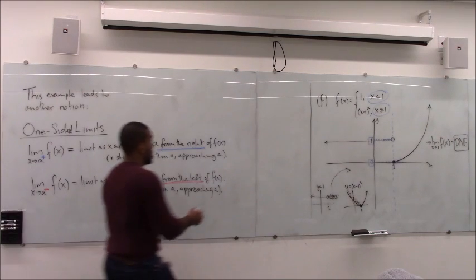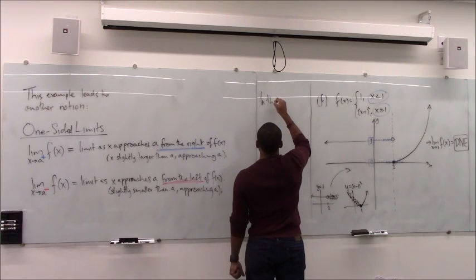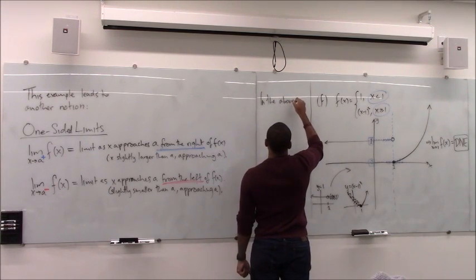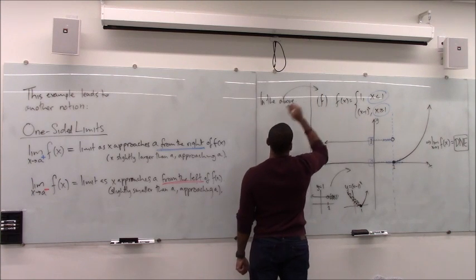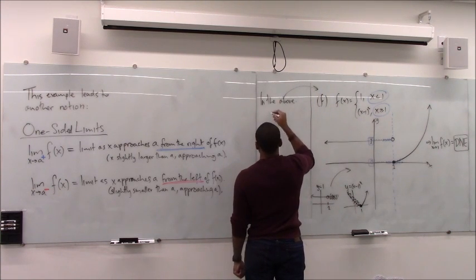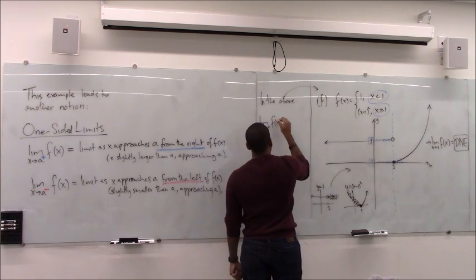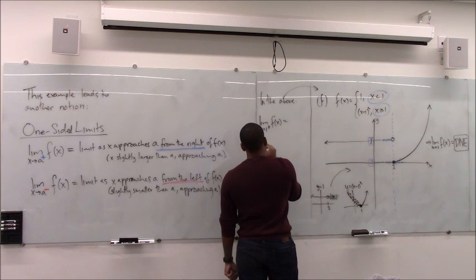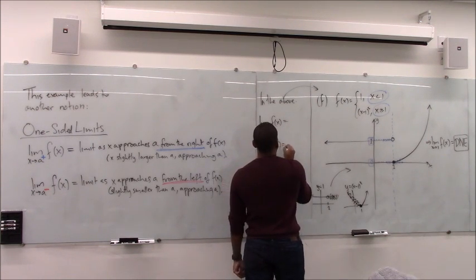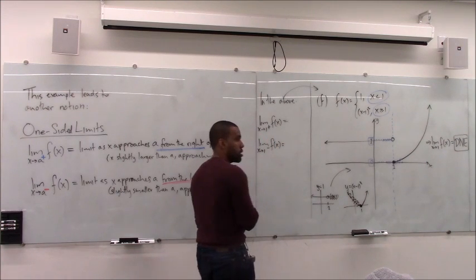So, in the above, which, I mean, it's to the right here, but for you guys it might be above in your notes. I can talk about the limit as x approaches 1 from the right of our function, and I can talk about the limit as x approaches 1 from the left of our function. What would this one be?